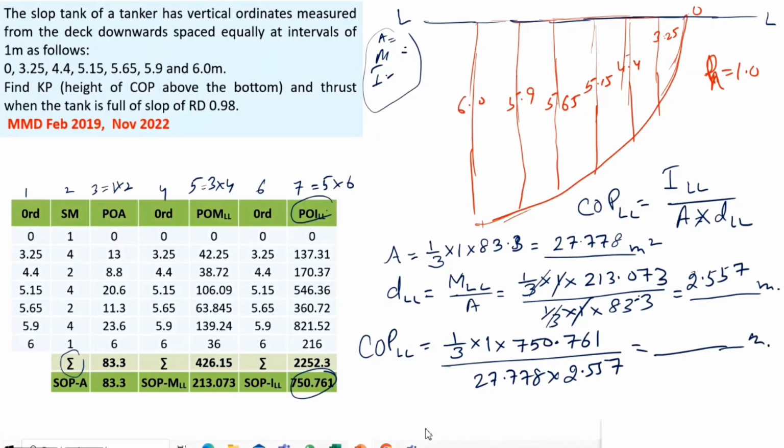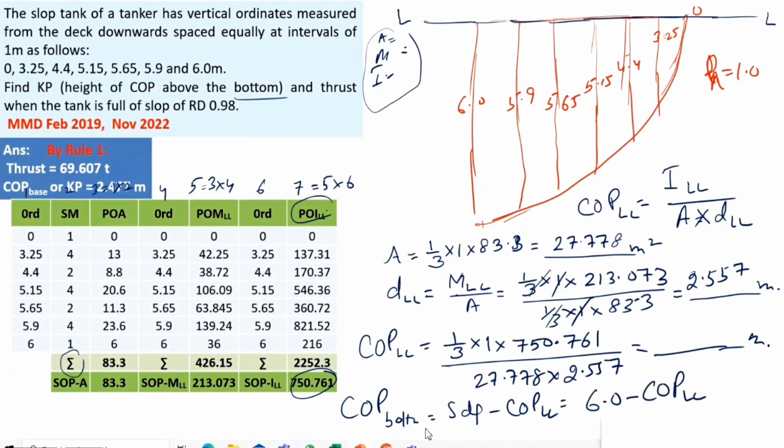The question wants it from the bottom. COP bottom will be equal to sounding minus COPLL. Sounding is 6 meters because it is the depth at the deepest point, minus COPLL. And please see if the answers are here. Answer is 2.47 meters by rule 1, and we have the answers by rule 2 also. Answers are there both by rule 1 and rule 2.